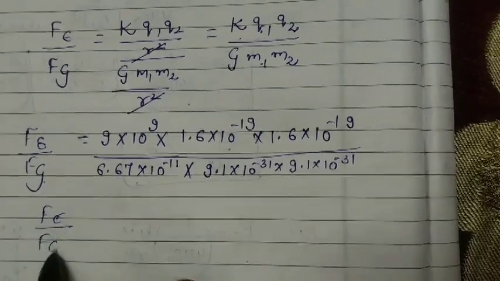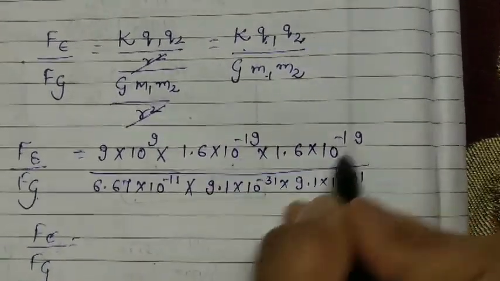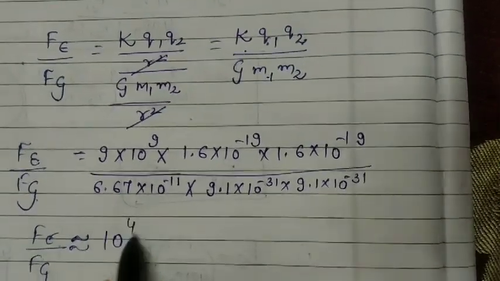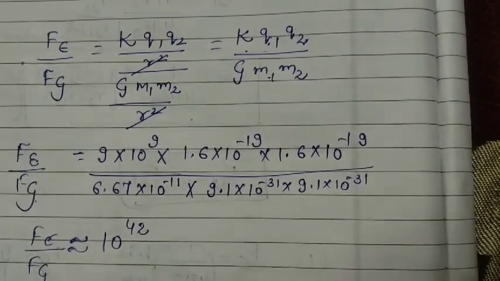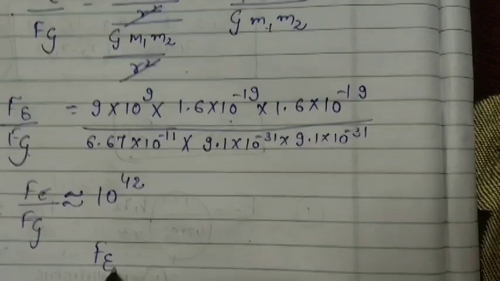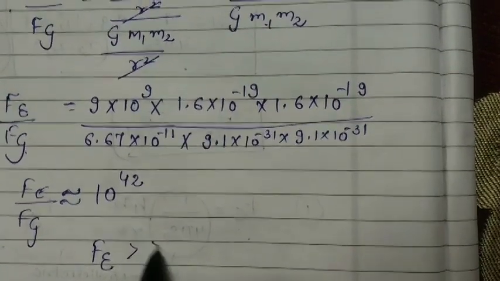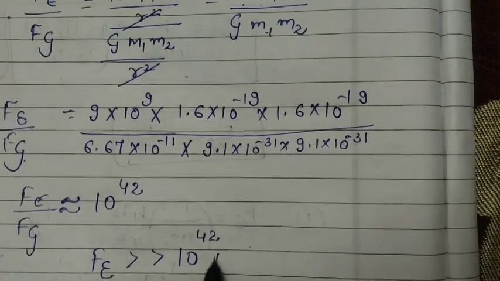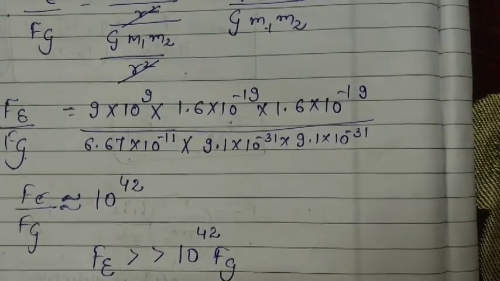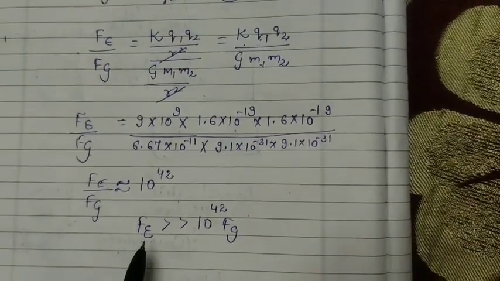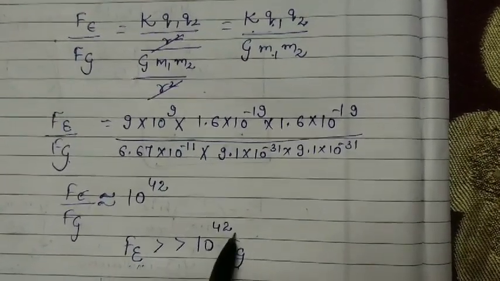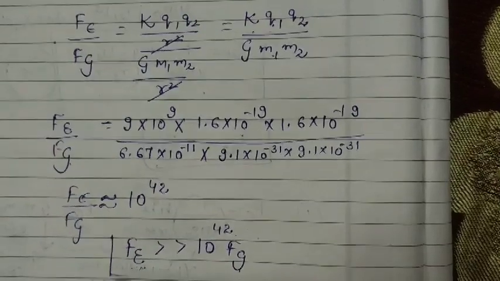When we solve all these numerical values, it will approximately be equal to 10 raised to power 42. It means electrostatic force is about 10 raised to power 42 times gravitational force. It means electrostatic force is much stronger than gravitational force. How much? 10 raised to power 42 times.